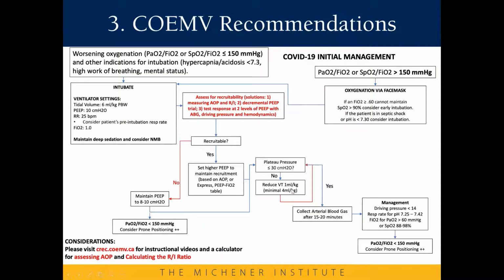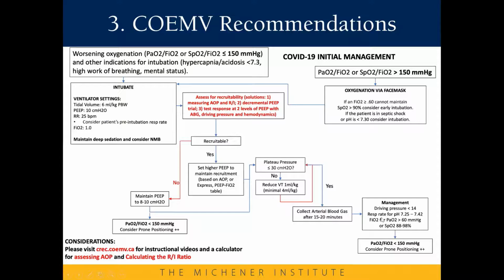maintain effective ventilation. So once we've got them set up on plateau pressure less than 30 centimeters of water, we're going to collect an arterial blood gas 15 to 20 minutes after initiating ventilation. And so as we continue to manage the patient, we're going to assess the driving pressure, which we'll talk about, and we want to keep it less than 14.